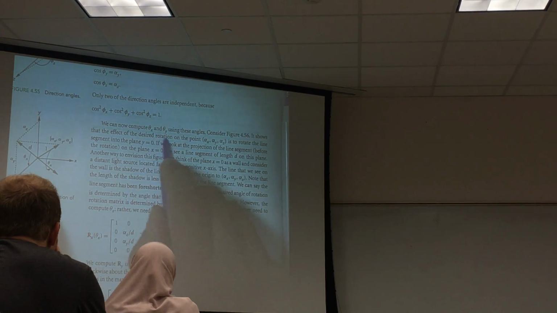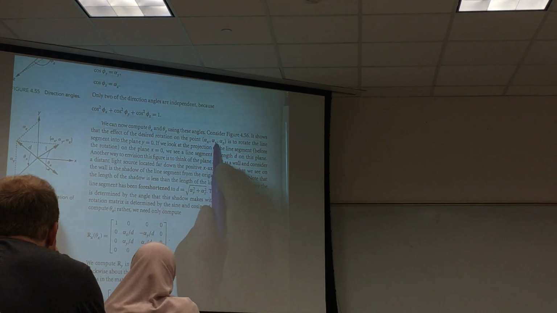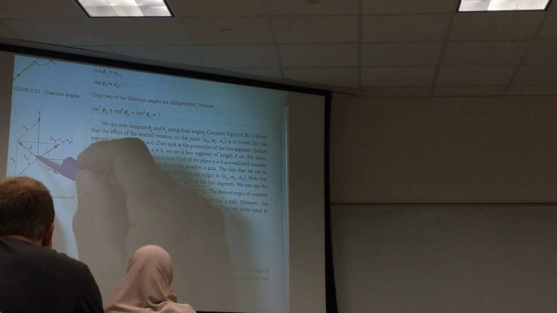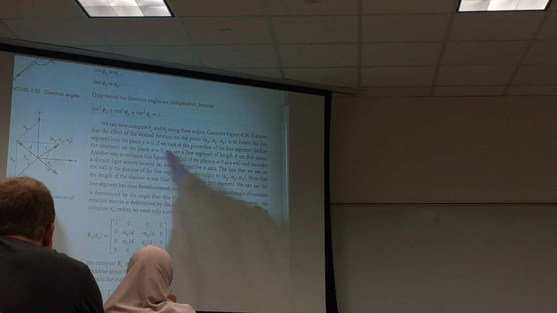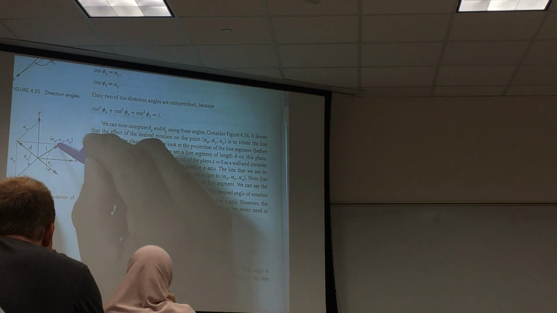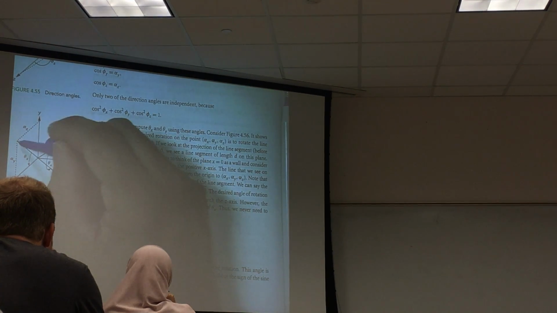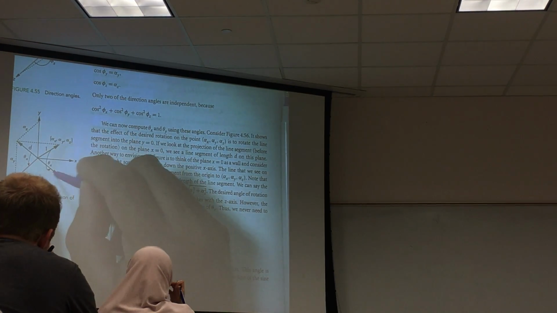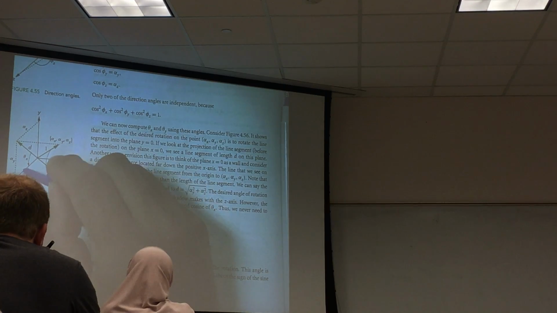It shows the effect of the desired rotation by alpha x, alpha y: to rotate the line segment onto y equals 0. Therefore, we are in the xz plane. We see the line segment. Here's this one projected here, and when you put it here, the projection of this line is this way, right?